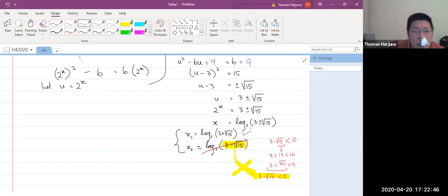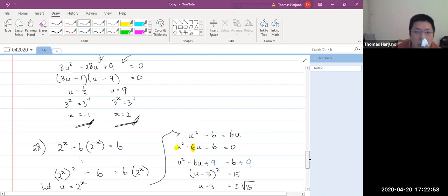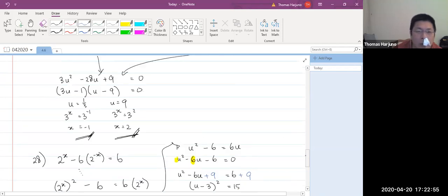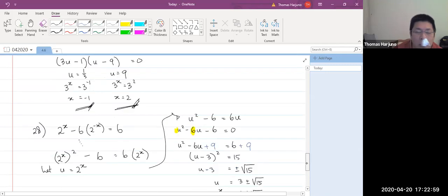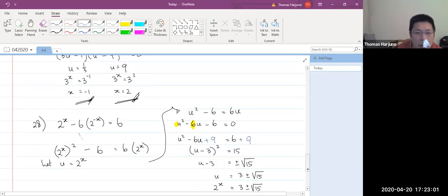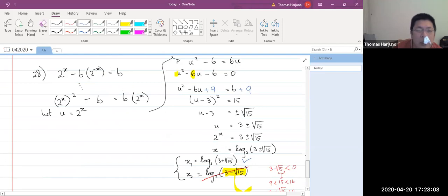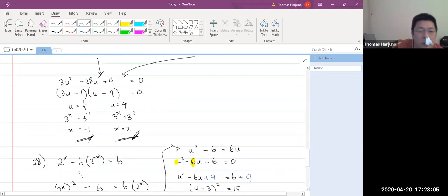But Thomas, why in this question do we have one solution and in the previous one we have two solutions? Well, honestly, we never know. You have to work it out all the way and then check. Just for fun, suppose I have u equals negative 2.